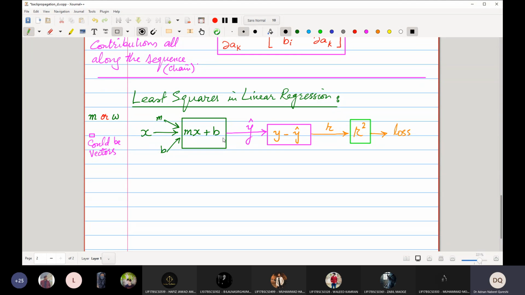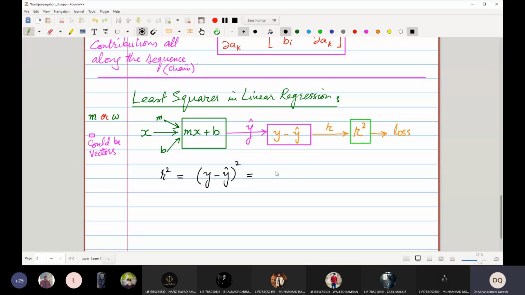So if I have to write this equation backwards, how would I do it? R square means y minus y hat squared.